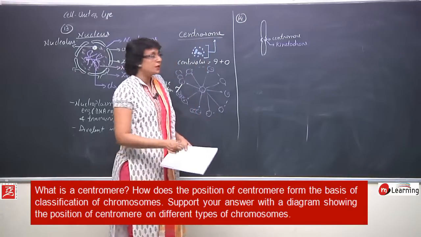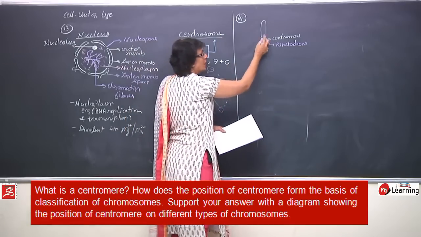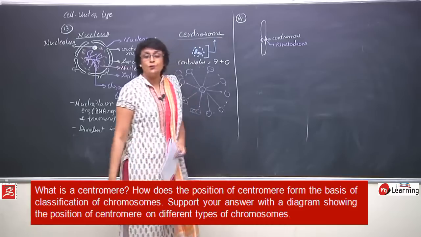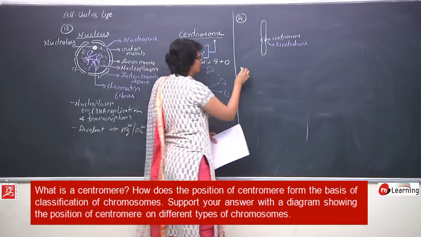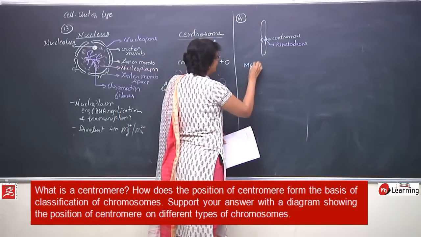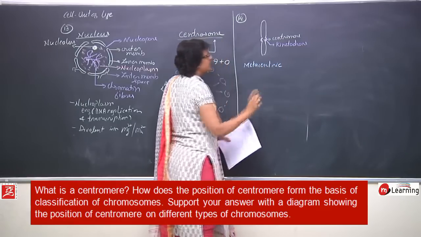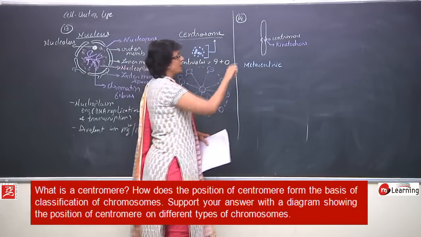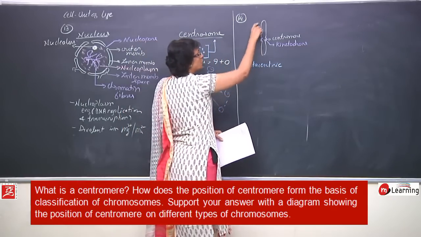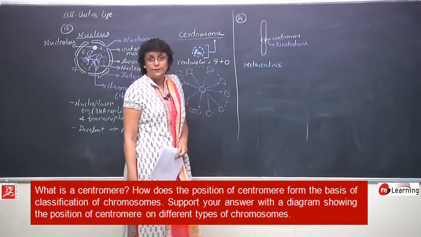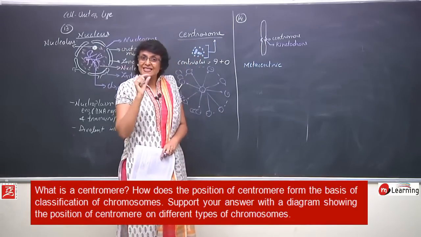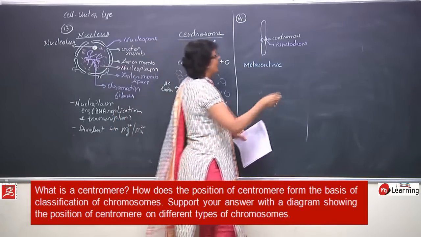So the position of this structure gives us different types of chromosomes. We talked of 4. Metacentric are ones in which the lengths of the two chromatids are equal, that means the centromere is centrally placed.